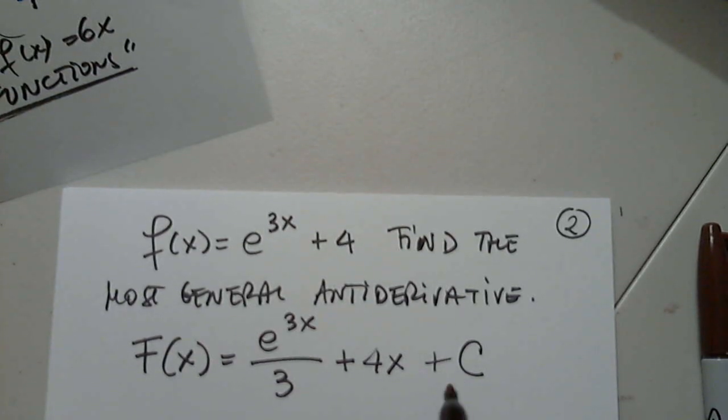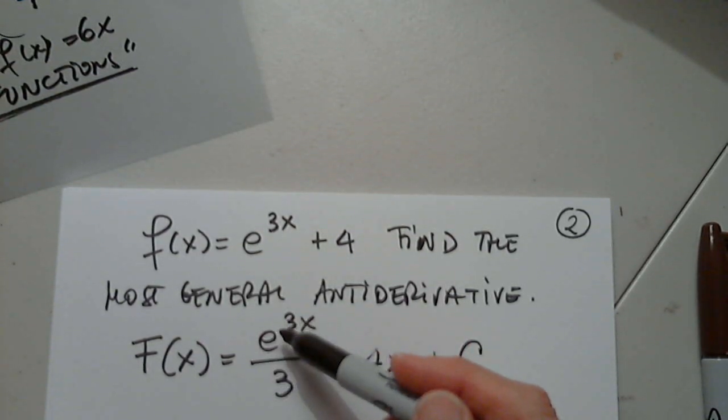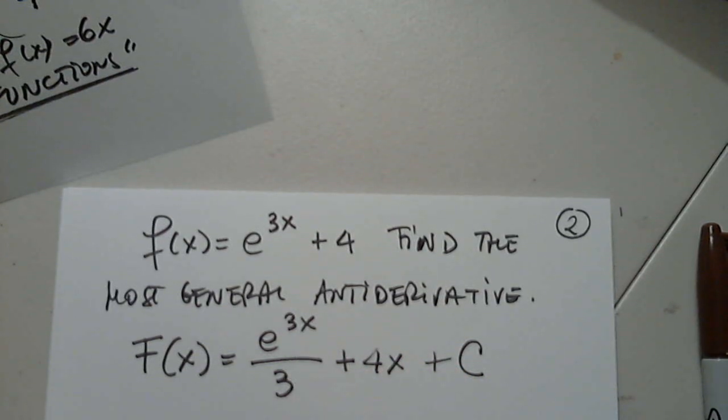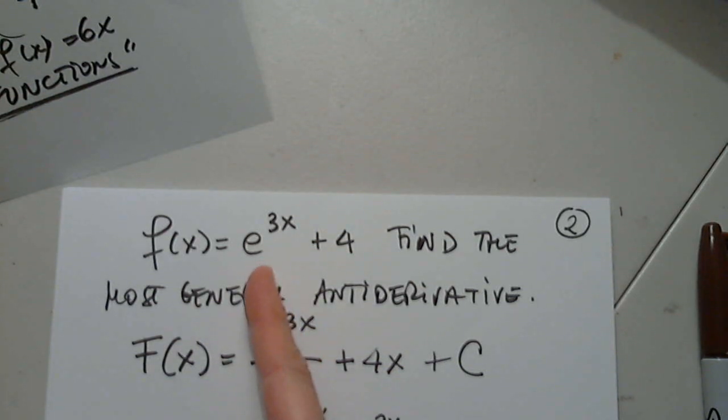And before I explain this again, I want to talk about this for a moment. When I differentiate e to the 3x, I hope you remember that the derivative is e to the 3x multiplied by 3. Therefore, when we divide by 3 and we differentiate, the 3 will go away, and I get back that.